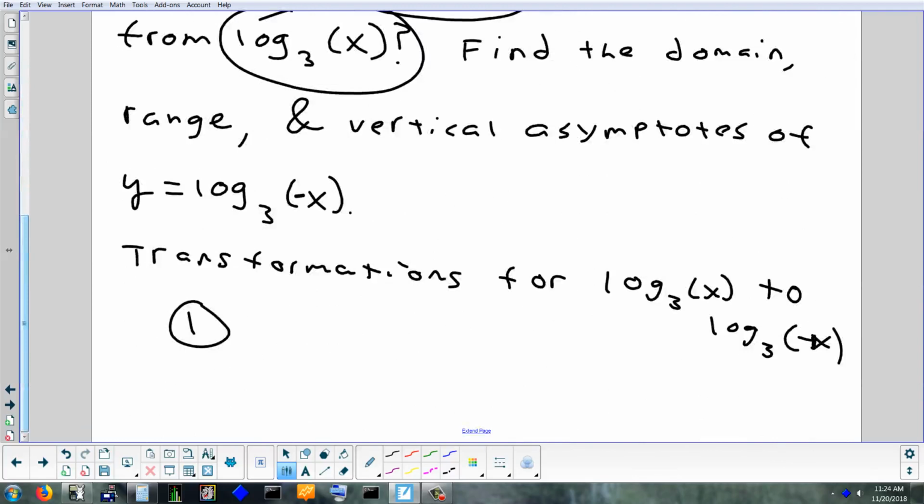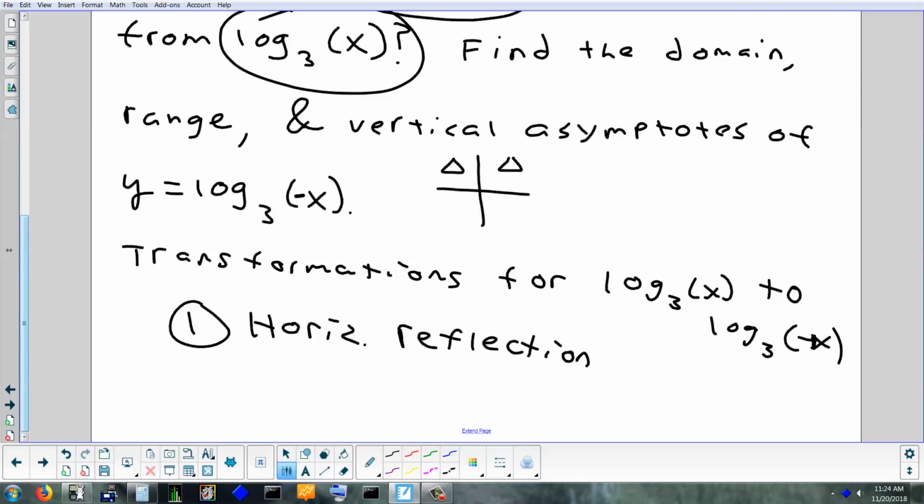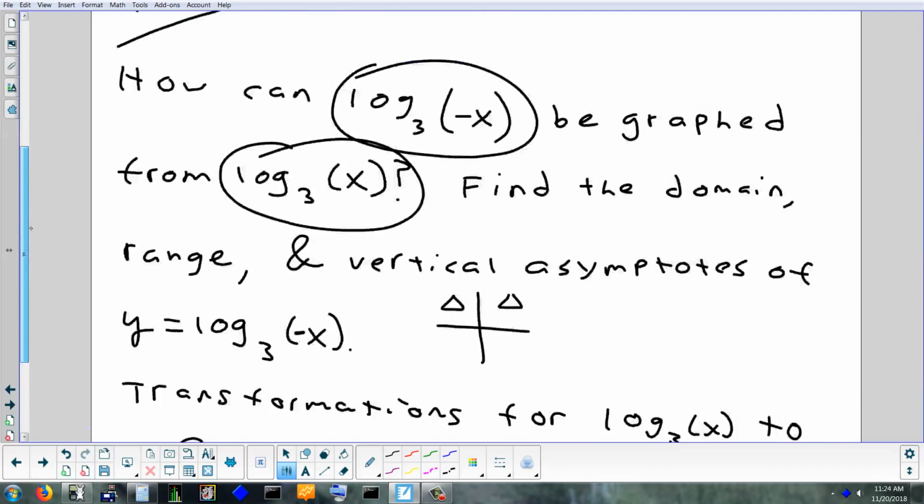That would be horizontal. That's a horizontal flip, or you could say reflection. And again, if you flip something horizontally, it means it does this. That's a horizontal flip from left to right. So it flipped over the y-axis. You could also say it that way. But that's fine. So we got a horizontal reflection.